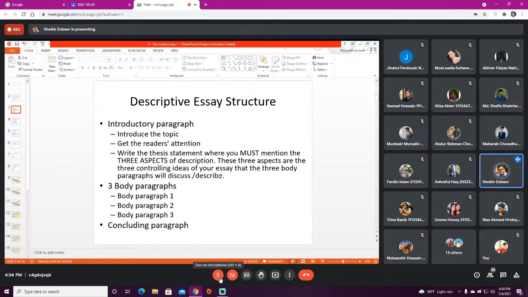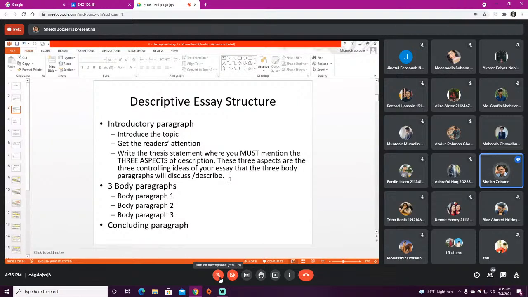And you already know what to do in the introduction, so this is just simply repetition. You introduce the topic, you get the reader's attention, and again, the last sentence of your introduction is the thesis statement, right? I hope you remember. So in the thesis statement, you mention the three aspects of description.